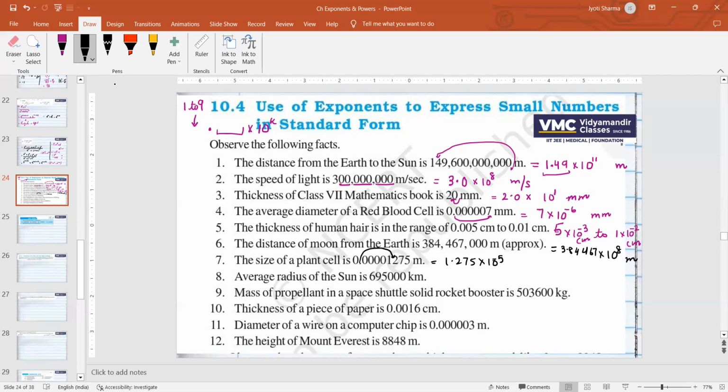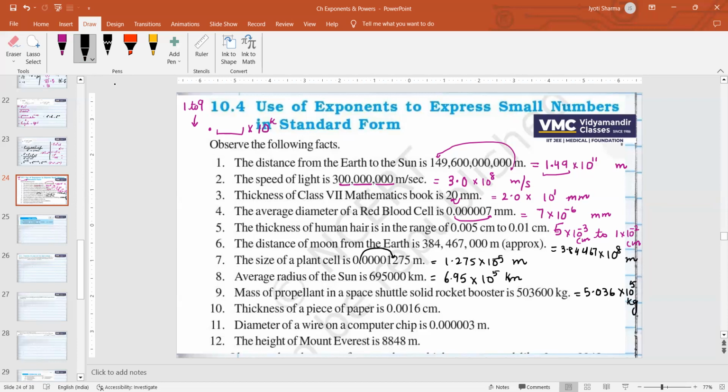So minus 5. 1, 2, 3, 4, 5 kilometer. This is 5.036 into 10 to the power 1, 2, 3, 4, 5 kg.